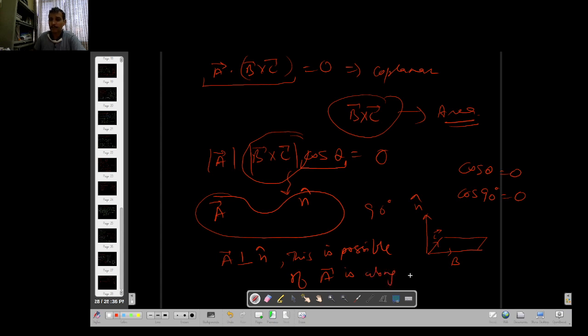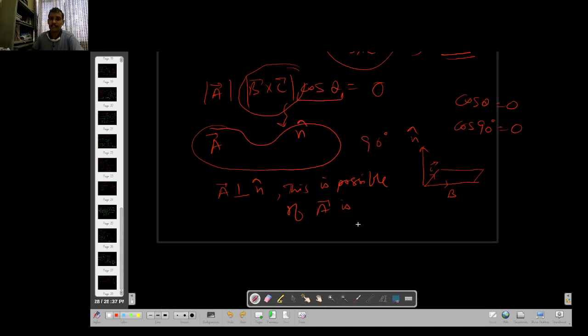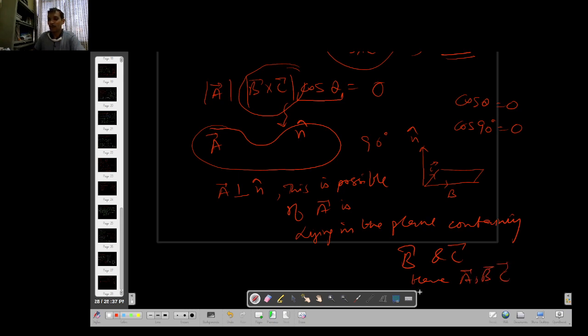This is possible if A vector is along the plane, or A vector is lying in the plane containing B and C, and hence we can say that A, B and C all are in the same plane.